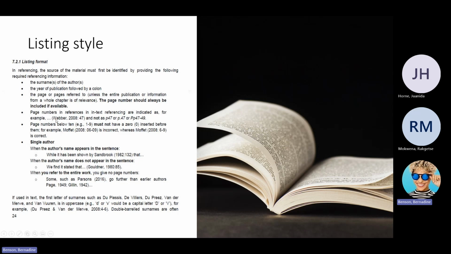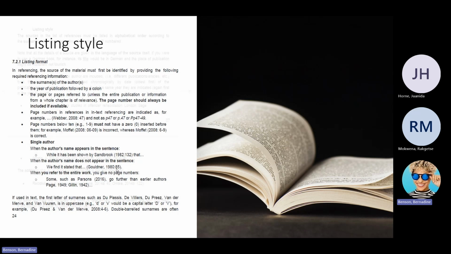And then you open bracket, then you put the surname of the author, a comma, then there will be a space, then there's the date, then the colon. Now, in some instances, the tutorial letter permits you to have a space between the colon and the page number, and or not. So you put the page number, then you close the bracket. The rule of thumb is that if you decide to have a space, then you must do it consistently throughout. If you don't have a space, do it consistently throughout.